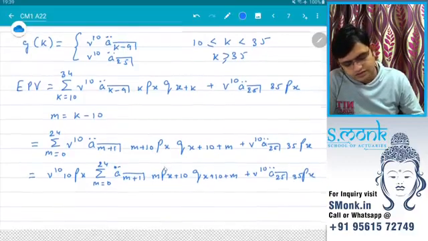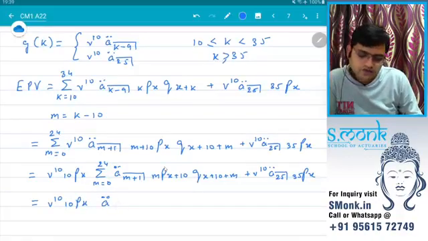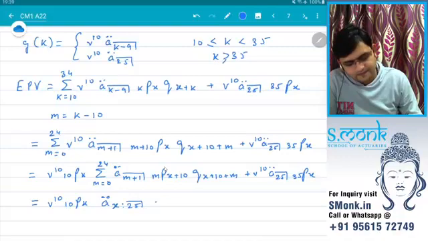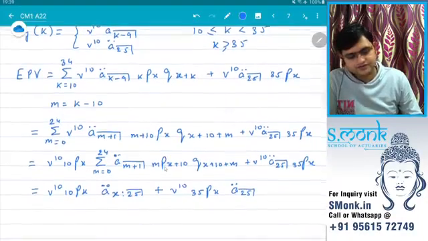So this becomes v raised to 10 px a due temporary annuity for 25 years. So a due x 25 and then v raised to 10, 35 px a due 25.